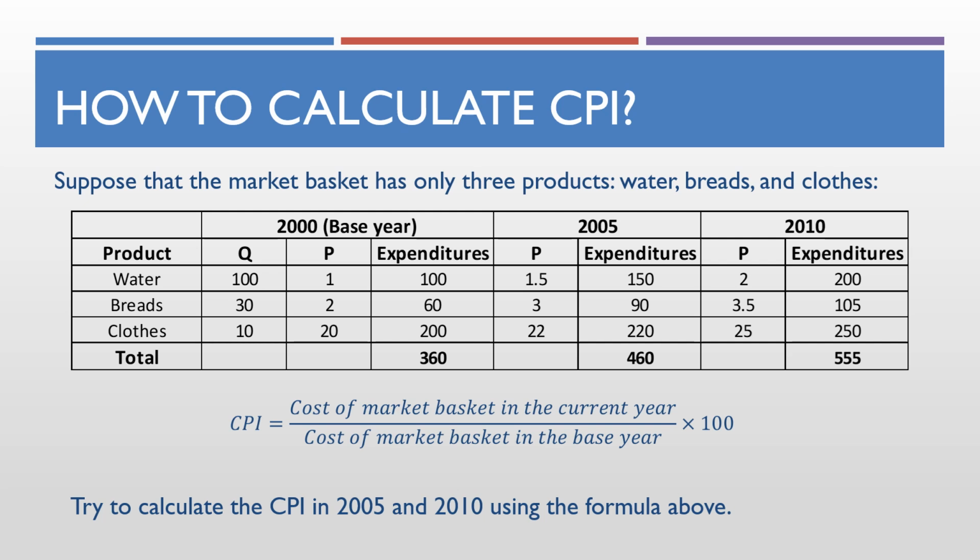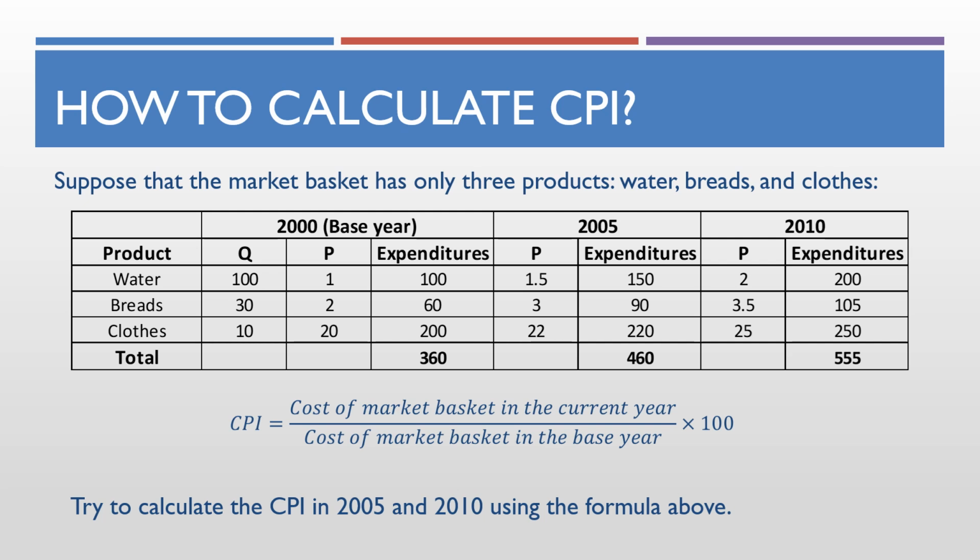Now, we get this total number. To calculate the CPI, we use the current expenditures that we spend on the baskets divided by the cost of the basket in the base year. For example, if we want to measure the CPI in the base year 2000, we use $360, the total spending on the baskets, divided by the cost of the basket in the base year, which is exactly the same number, 360.